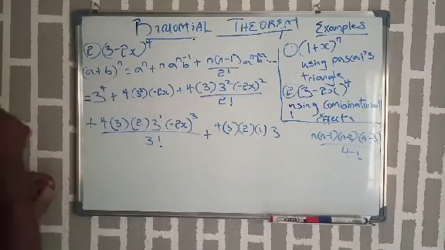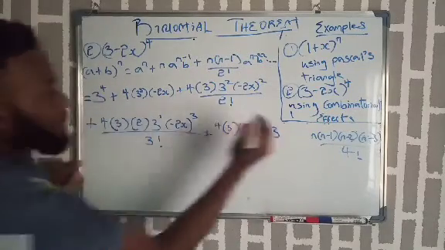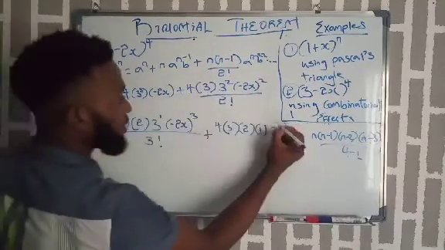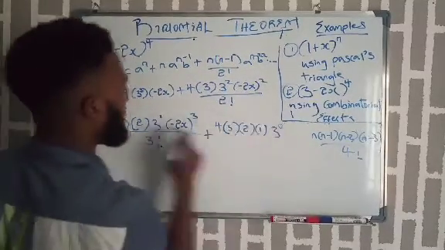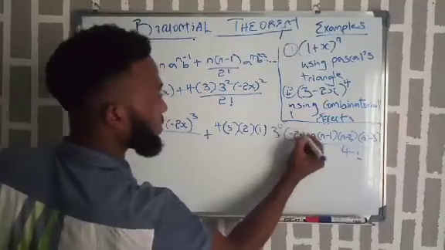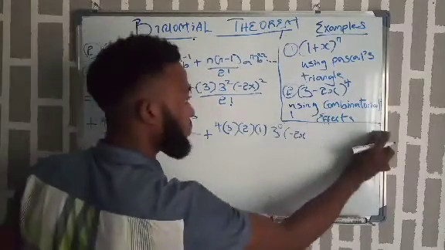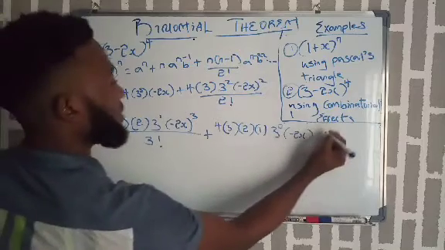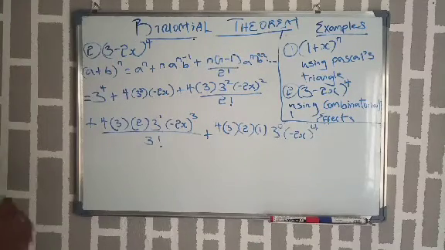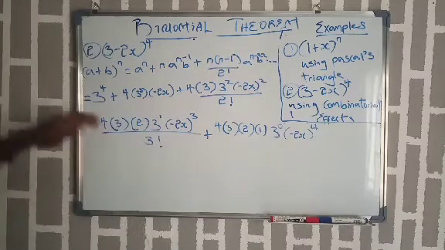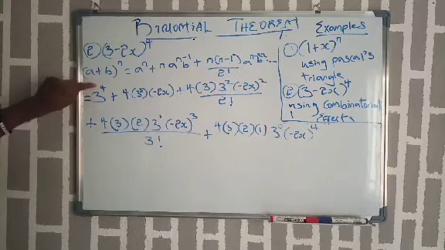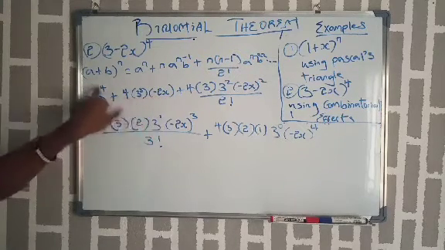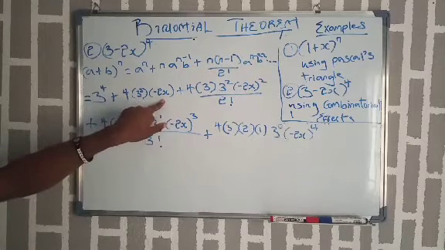It was 1 here, now it will be 0 because it's reducing. This was 2, this was 1, so it will now be 3 raised to the power 0. Then b, which is minus 2x, is increasing, so it is raised to the power 4. If you check well, a was raised to the power 4 here, then reduced to 3 here, while this increased to 1.